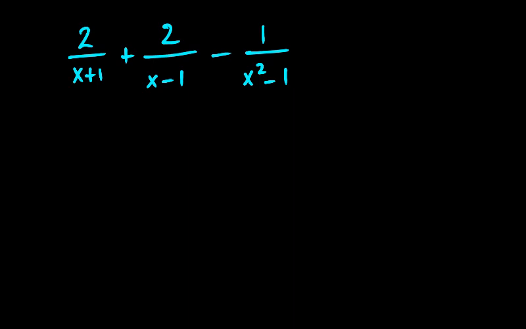When you look at all of this, you have to ask yourself, what is the least common denominator that I'm trying to achieve? If you get the least common denominator, you should be able to do this problem without much issue. But in order to get the least common denominator, you have to factor all the denominators.